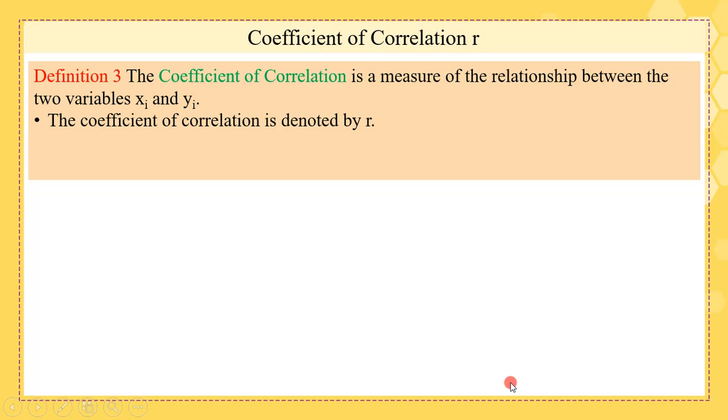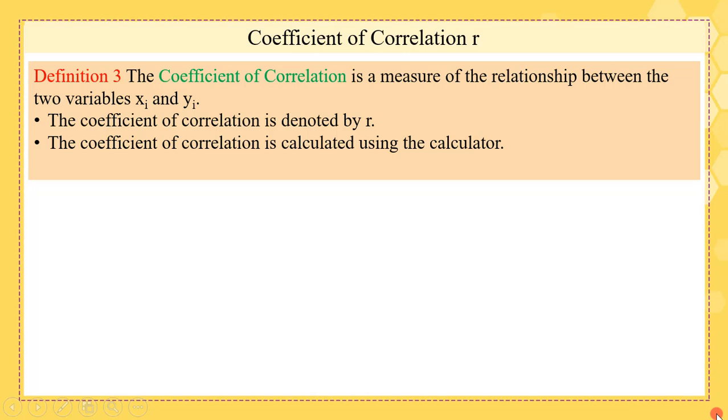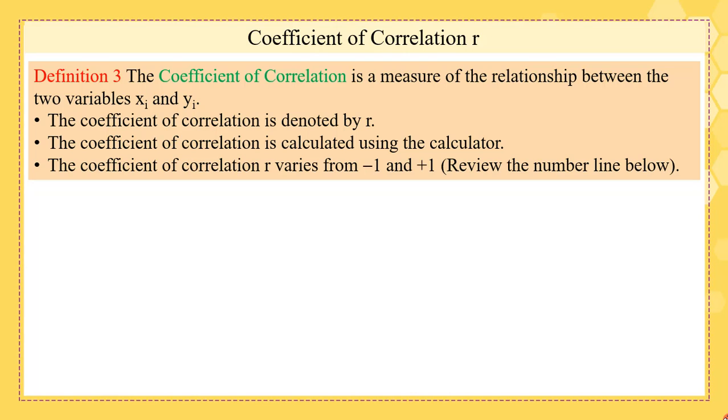The coefficient of correlation is denoted by R, and it is calculated using the calculator, and we did it before. The coefficient of correlation R varies from -1 to +1. So the smallest value of R could be -1 and the maximum value of R could be +1.